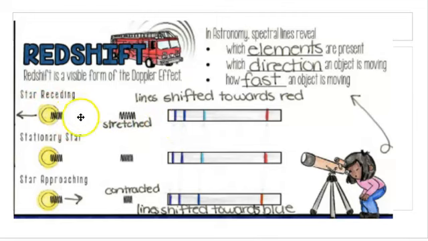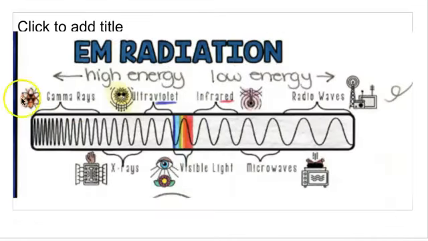So when a star or a planet or a part of the universe is moving away from us, it shifts towards the red. Remember, red has the longest wavelength.